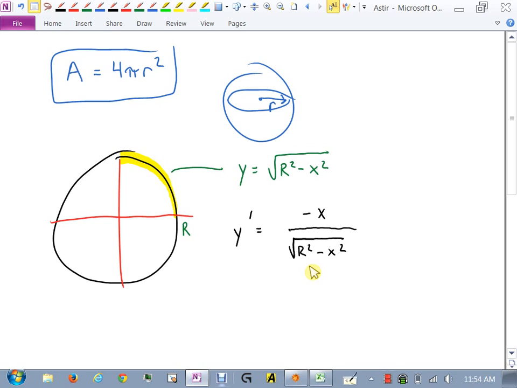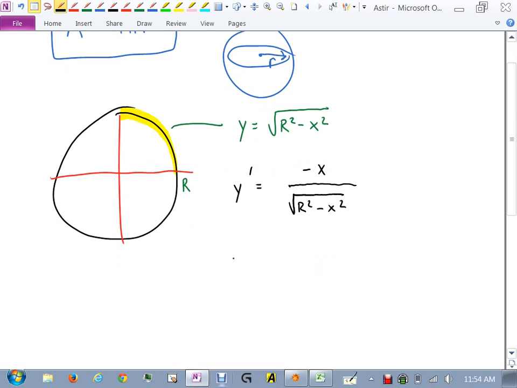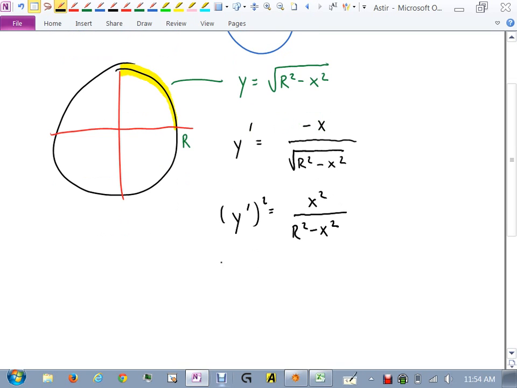Then square it. Then add 1 to it. So what would you get if you add 1 to this? You have to get a common denominator, don't you?